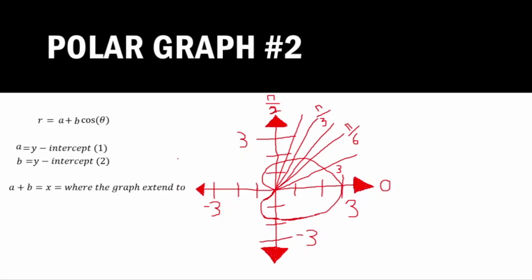In this case, it will be 1.5, and this one, negative 1.5. We're taking the absolute value of both of the intercepts. So even if one of them is negative, you can be using the absolute value of these two. And it should equal 3, which is the length of how far out the graph goes. This should be for any cardioid graph.